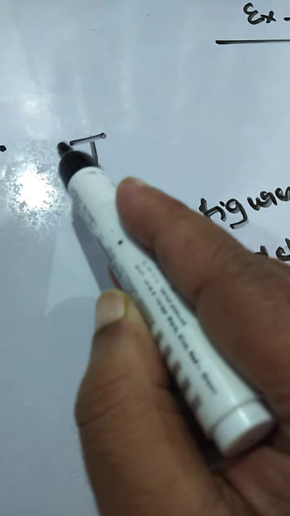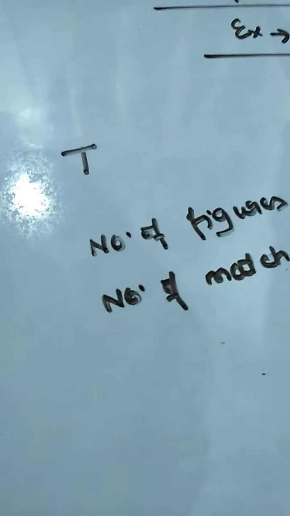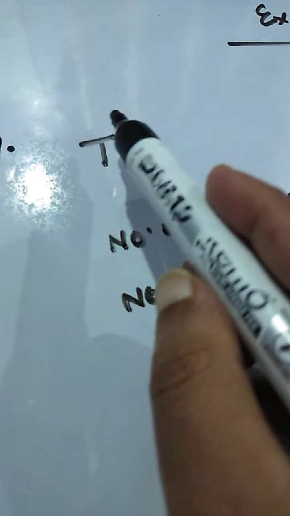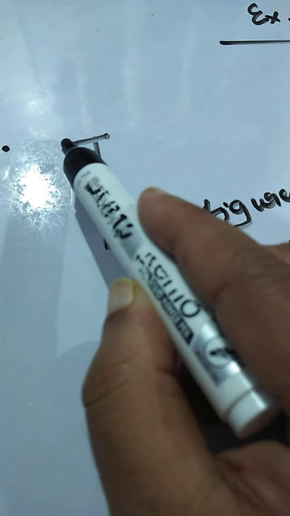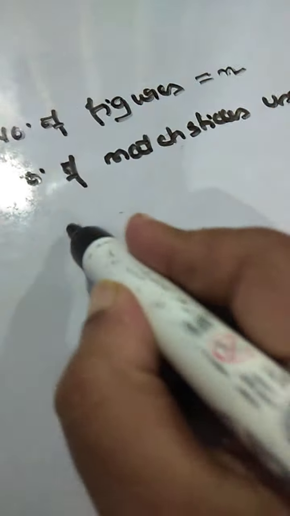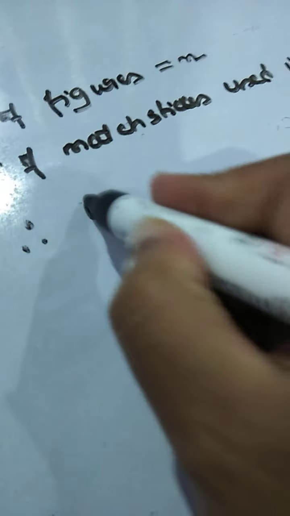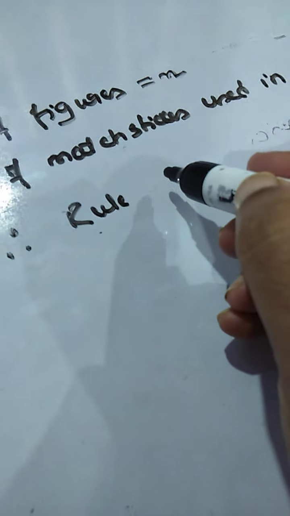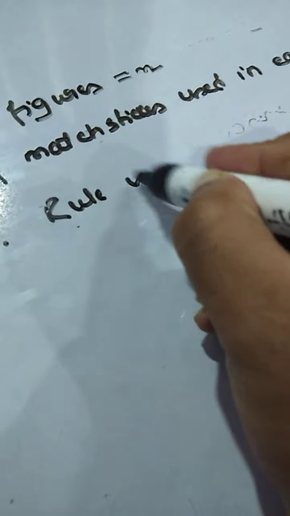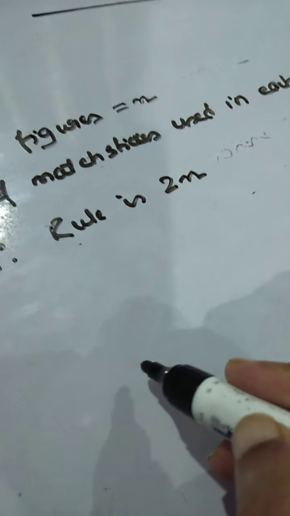Each line you see represents one matchstick. So how many matchsticks are used in letter T? This is 1 and 2. So we'll write it here, 2. Now with this information we can generate the rule. Therefore the rule is 2n, where n represents the number of figures.